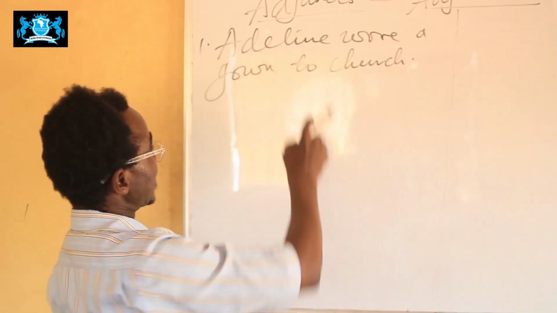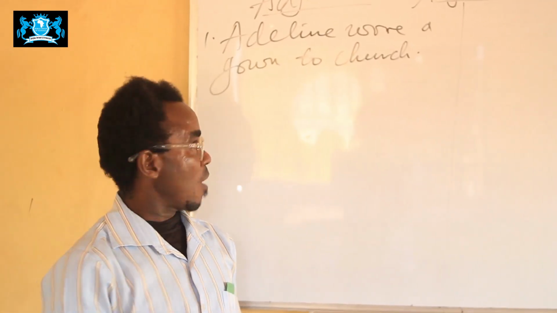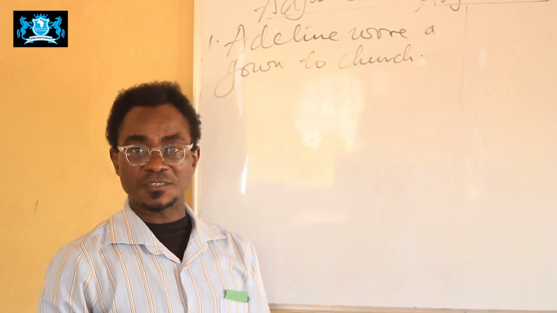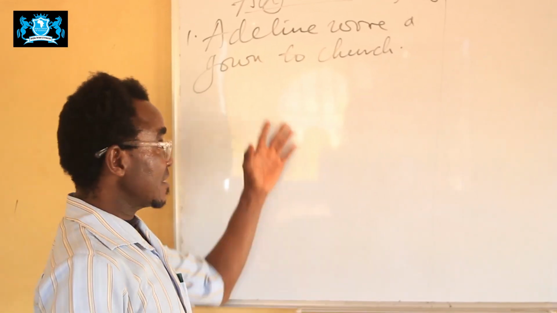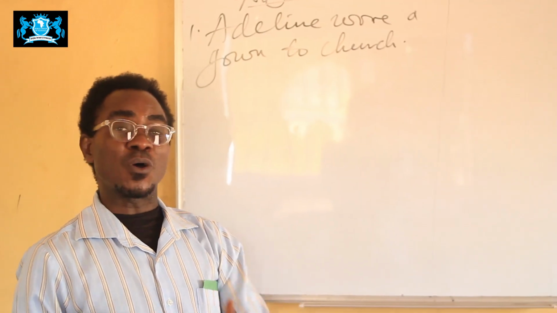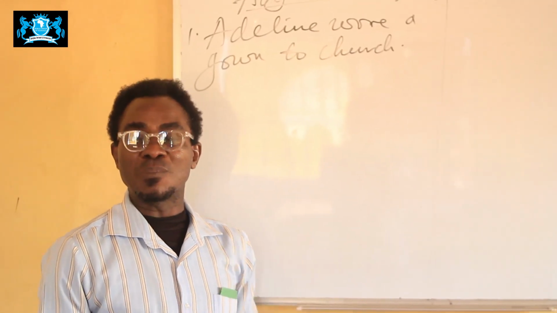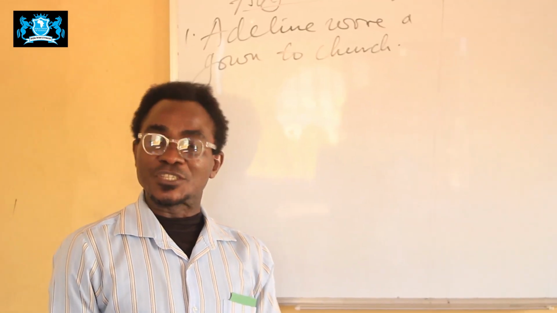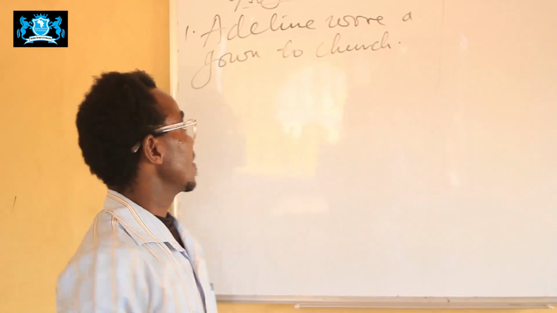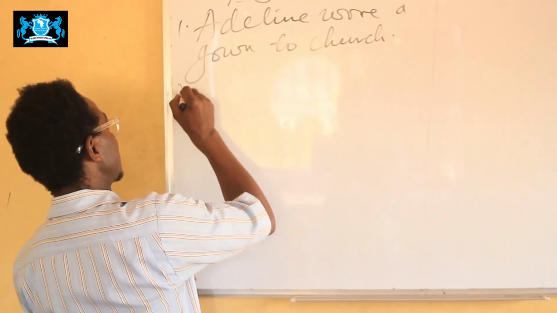Now let us take a look at a sentence that has no adjective. This sentence reads, Adeline wore a gown to church. In this construction, there is no obvious adjective, but we understand what Adeline did. She went to church. She also wore a gown. Now let us rewrite the same sentence.